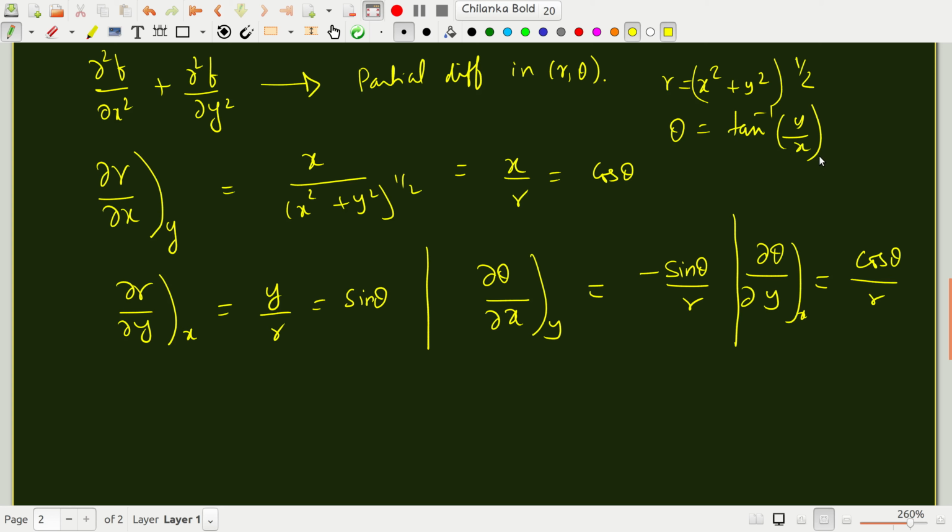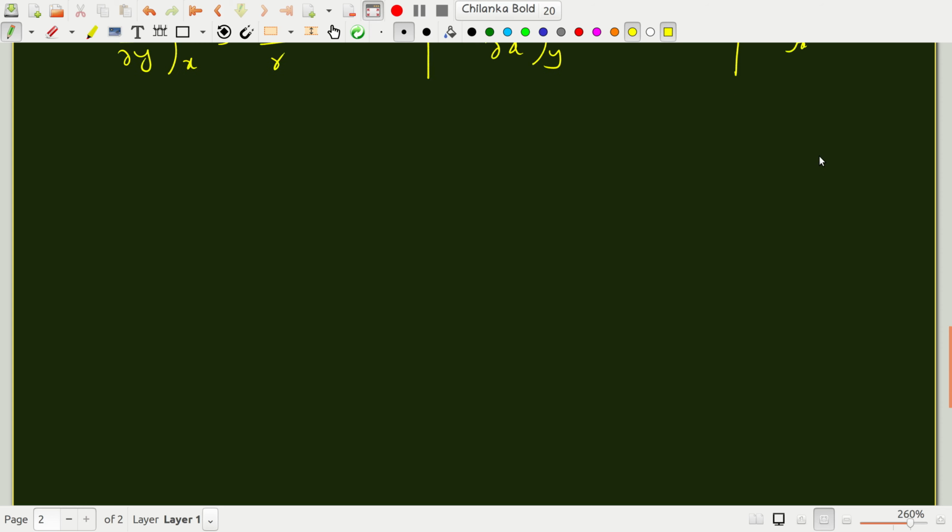I don't want to spend time, but it's rather straightforward. Now, how are we going to convert the Laplacian operator from the xy variables to r theta variables? That is the conversion that we are planning to do.